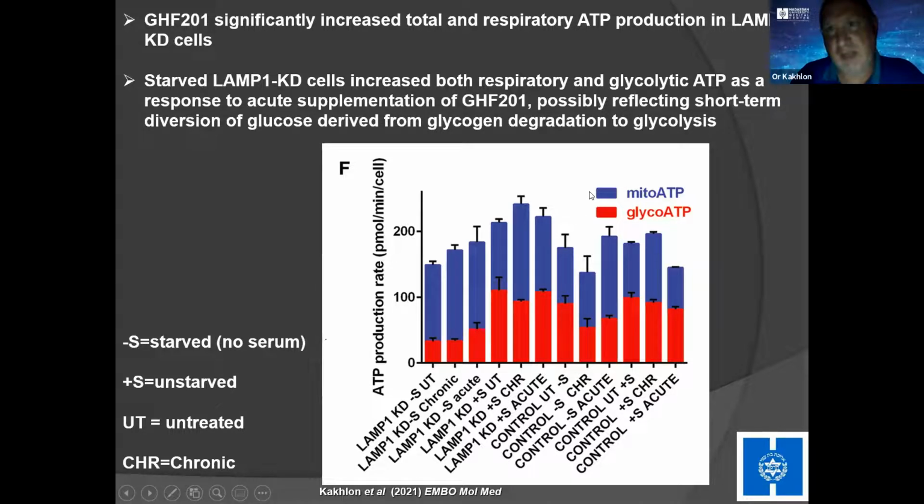Because again, as we said before, we interpret this as possibly a shortened diversion of glucose from the degraded glycogen into glycolysis. Glucose 1-phosphate is the direct degradation product of glycogen. So the first thing that happens to it is that it turns into ATP by glycolysis.